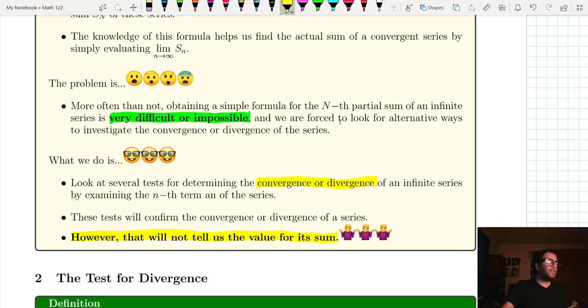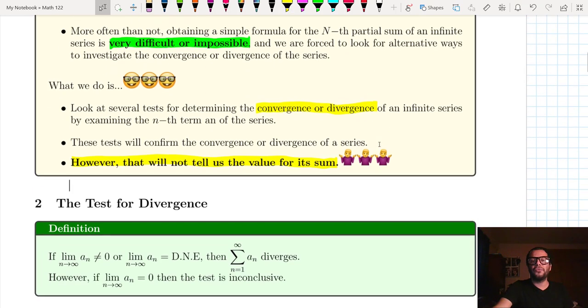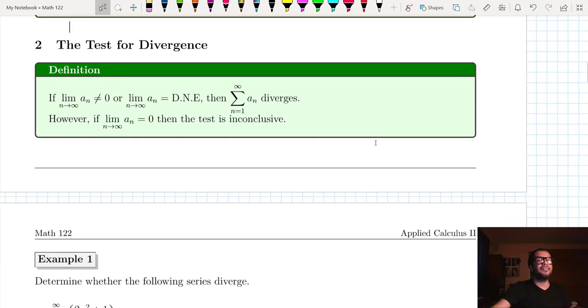We're going to look at different types of tests, but first we are going to look at the easiest test, the test for divergence. Okay, so there are two things. Number one, given a sequence, we look at the general term and find the limit as n goes to infinity.